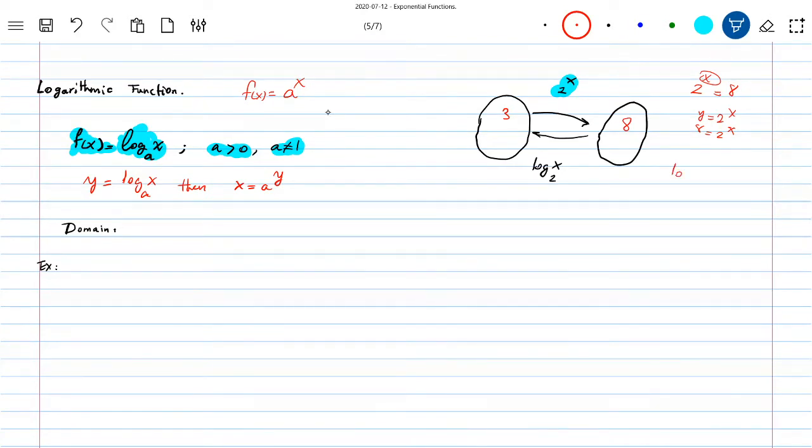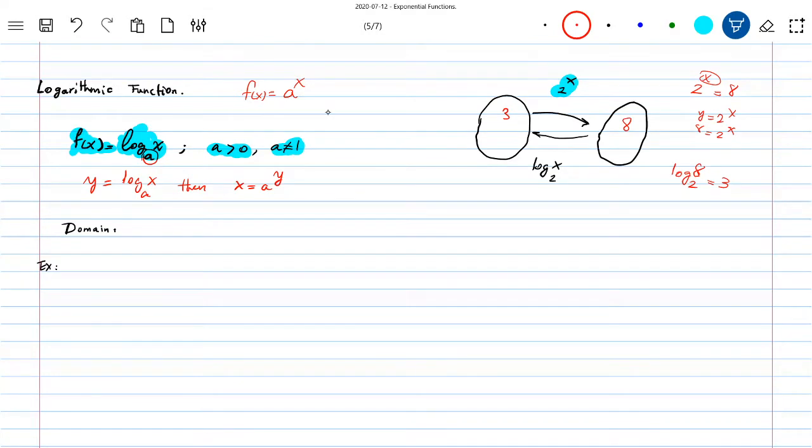So when they say log 8 base 2, it means we're looking for that specific exponent such that 2 to the power of that number becomes 8. So log and exponential are inverses of each other. A always represents that base. And the base is a positive number not equal to 1, just to avoid having a constant function.